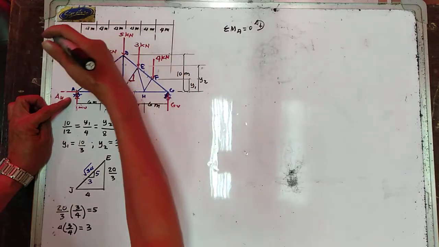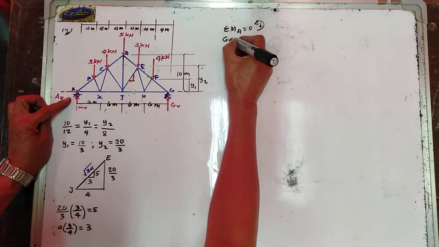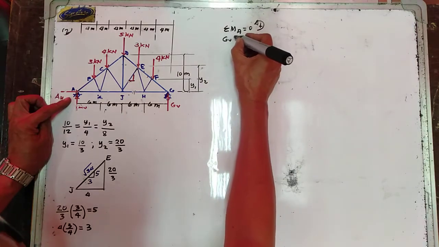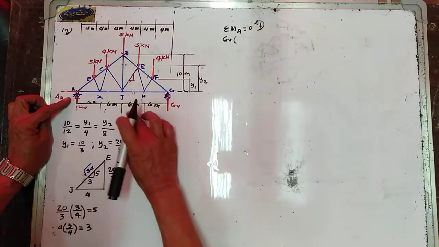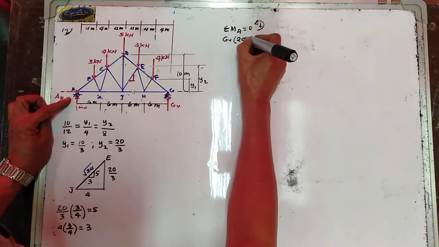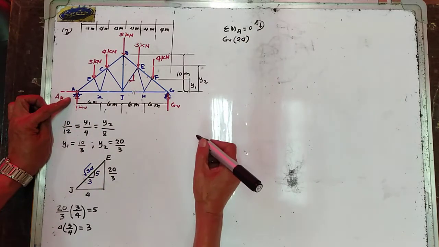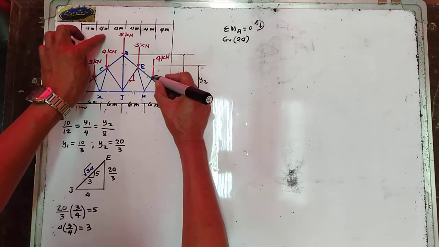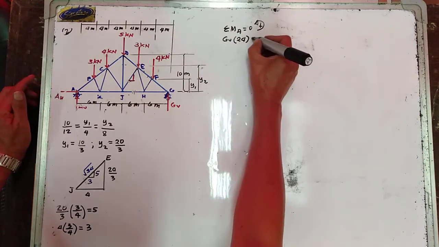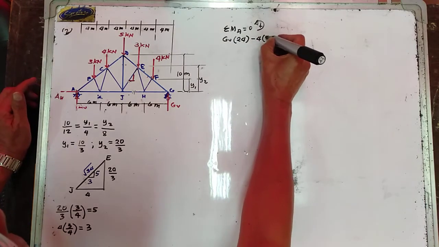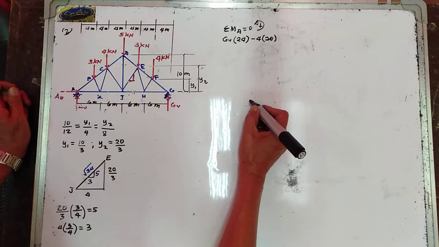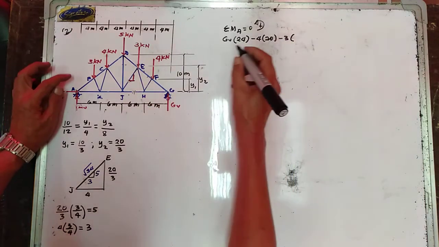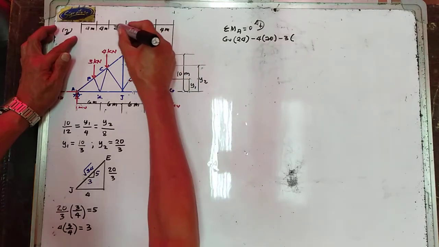So we have GV, the reaction at G, multiply this one by 24. Minus 4 multiply this one by 20. And then minus 3 multiply this one by 16.